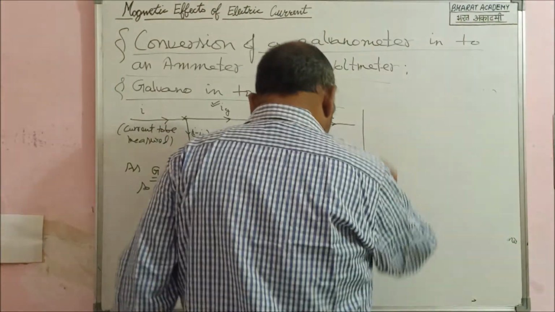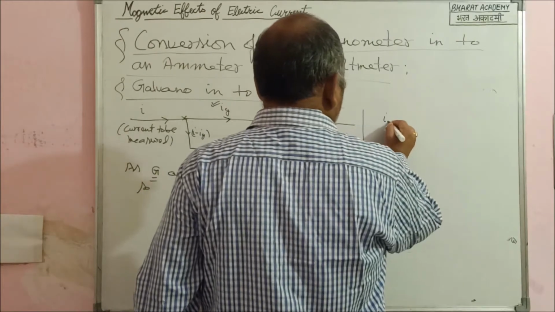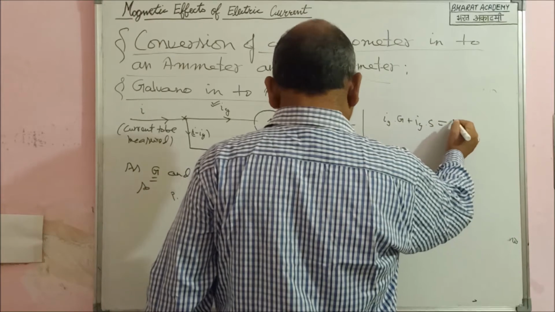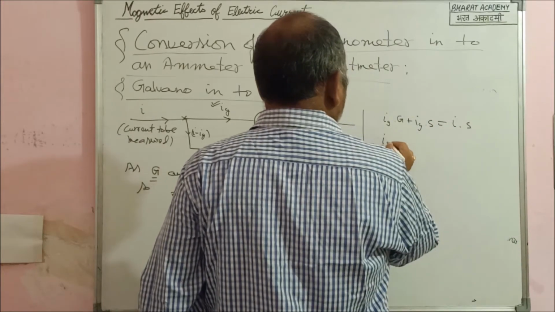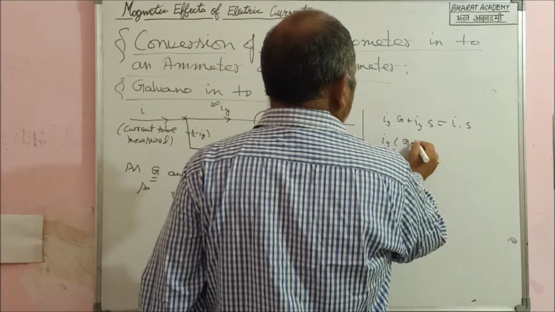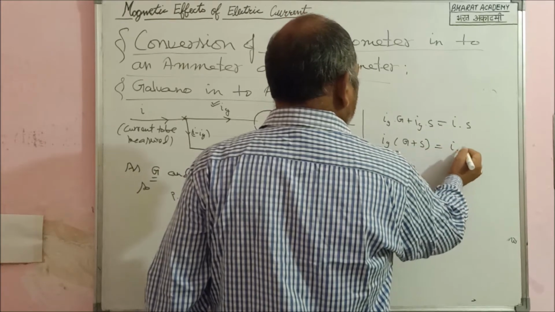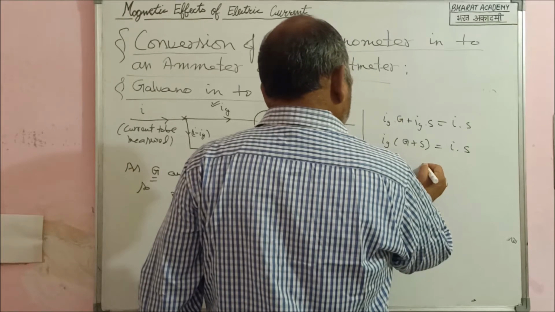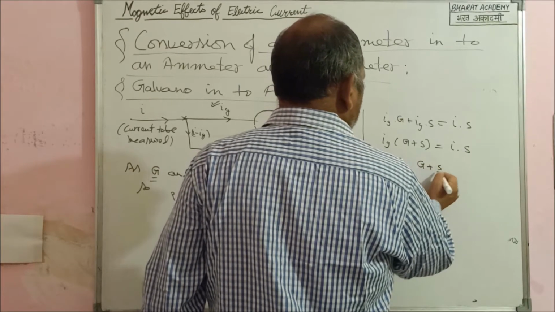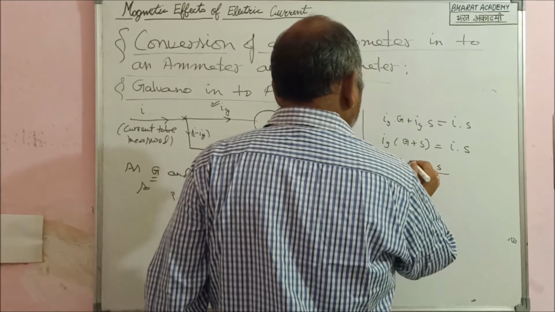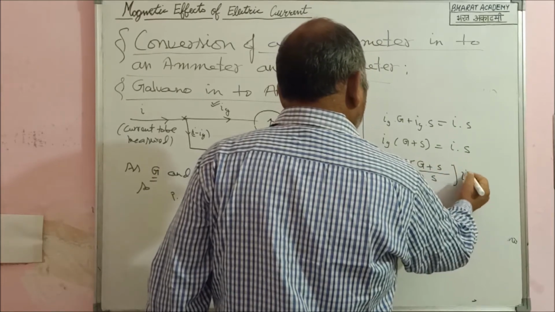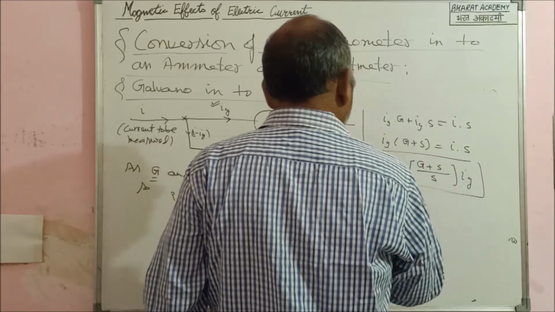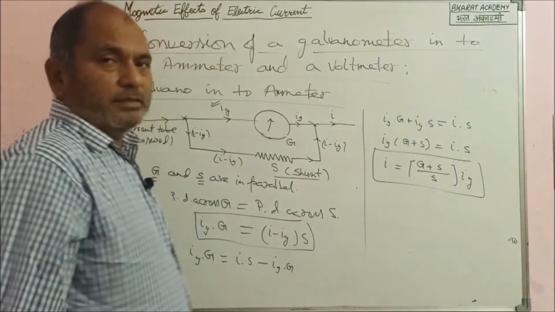So Ig into G plus Ig into S equals I into S. Ig into (G plus S) is equal to I into S. So I comes out to be (G plus S) divided by S, into Ig. This will be the current which can be measured, right?